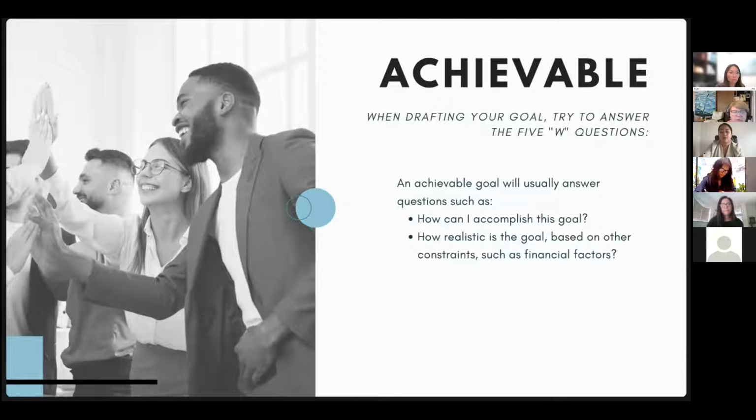And this focuses on how important a goal is to you and what you can do to make it attainable. And it may require developing a new skill and changing attitudes, but the goal is meant to inspire motivation, not discouragement. Think about how to accomplish the goal and if you have the tools or skills needed to accomplish the goal. And if not, consider what would it take to attain those skills.